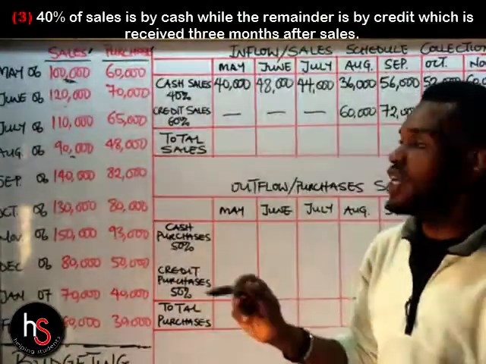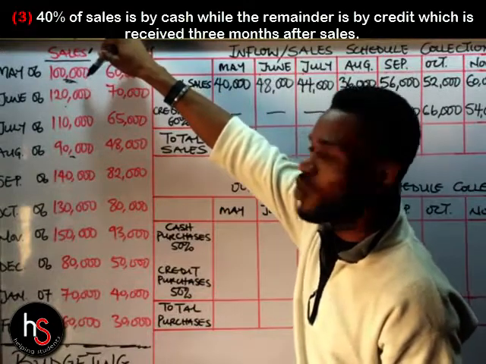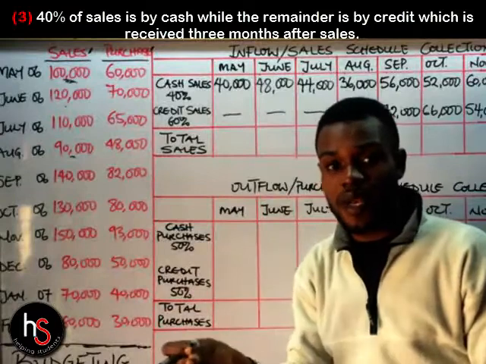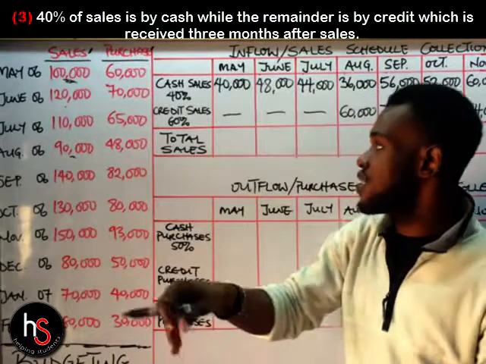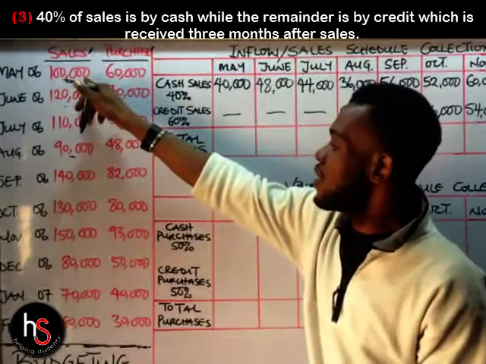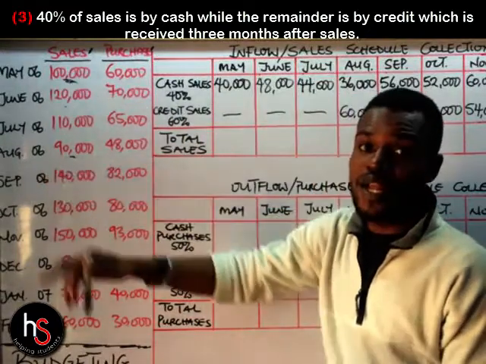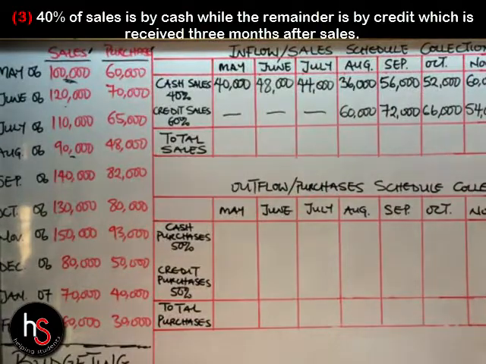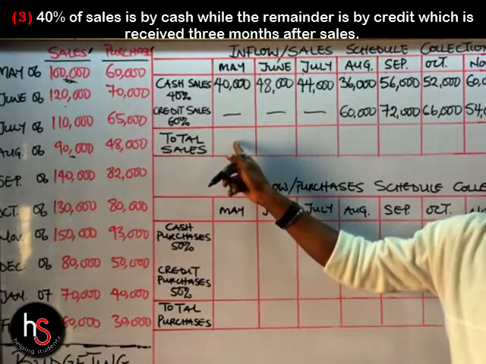So we are going to calculate using this particular value, when the transaction took place, the cost of that transaction, which is 100,000. Then we'll record it in August when the payment was made. So once you are done with this interpretation, the next thing you do is to get the total, okay?